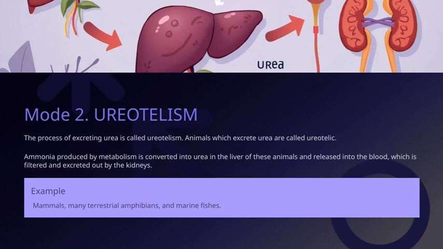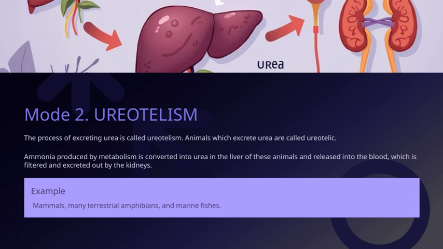Now, let's take a closer look at some animals that utilize ureotelism. This includes mammals, many terrestrial amphibians, and marine fishes. These animals share a common strategy for excreting nitrogenous waste. When these animals metabolize proteins and other nitrogen-containing compounds, they produce ammonia, which is quite toxic.